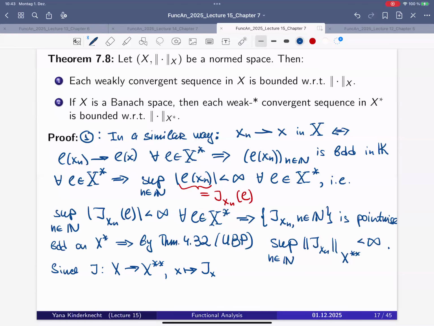So since this mapping is an isometry, not necessarily an isomorphism, but just an isometry, then we know that the norm of Gx in this space x two stars is the same as the norm of x in the space X. And this happens for any x.